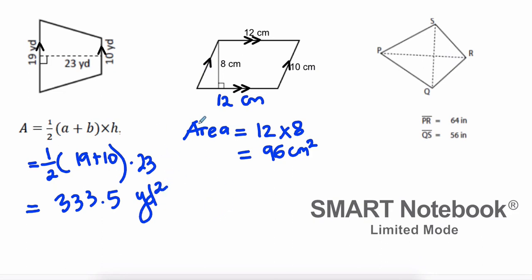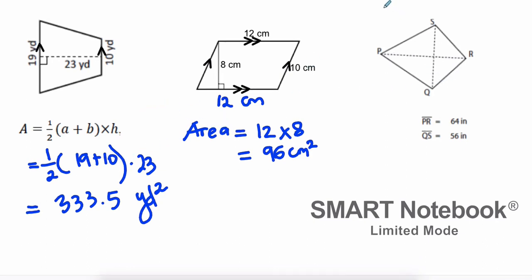Okay. All right, so the next figure is a kite, and the kite area formula is not in your formula booklet, so you need to know the formula. You multiply the two diagonals, so diagonal 1 and diagonal 2, and then divide by 2.